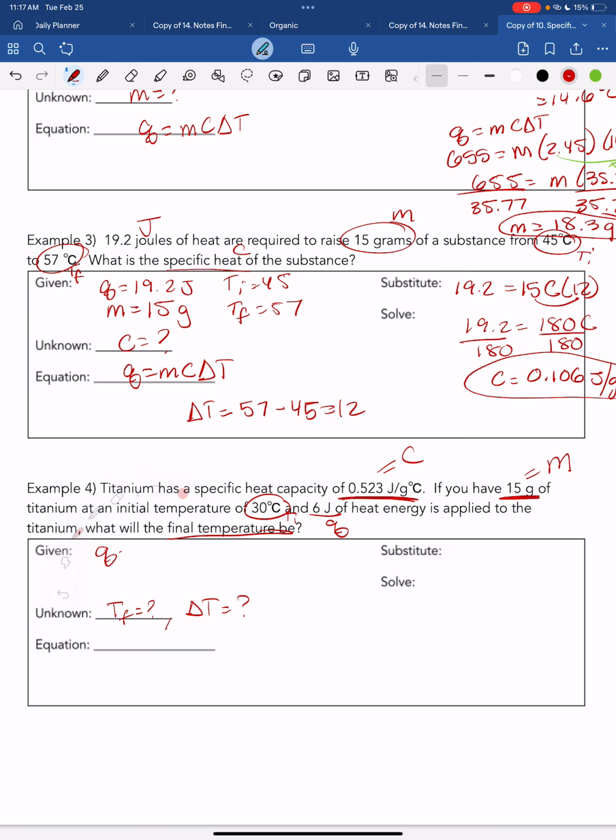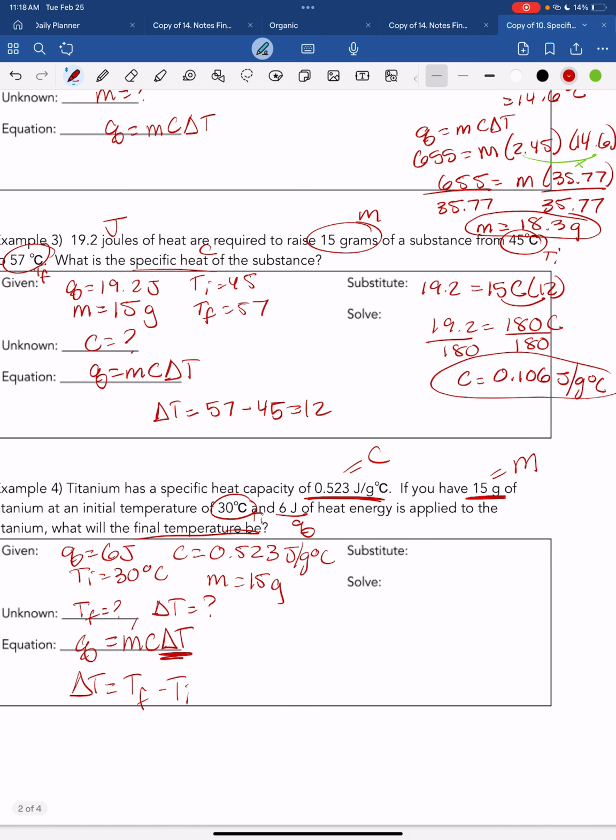So our Q is 6 joules, our TI is 30 degrees Celsius, our C is 0.523 joules per gram degrees Celsius, and our mass is 15 grams. So we're going to solve for this first, and then we can use our change in temperature as T final minus T initial to solve for our final temperature.